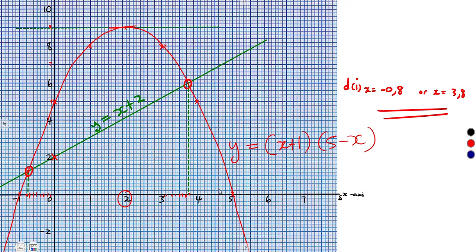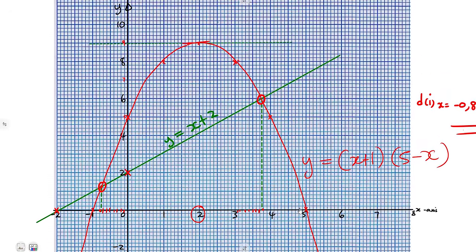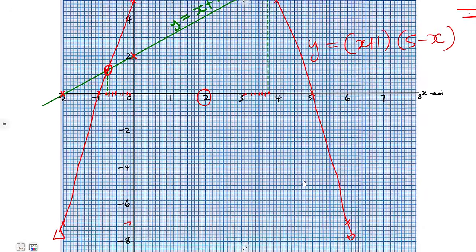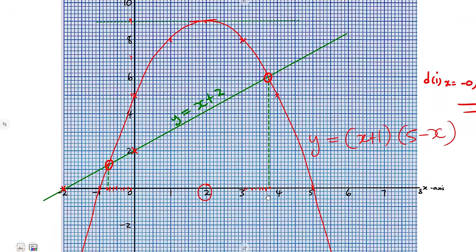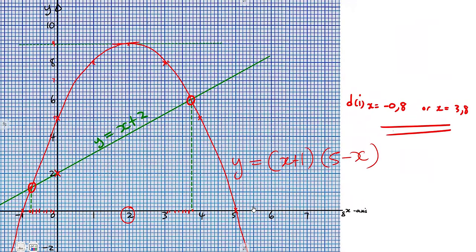So those are the solutions according to your graph. You answer according to your graph from those points of intersection. That is what you simply needed from this graph that we had drawn.